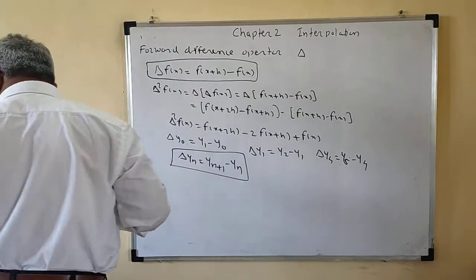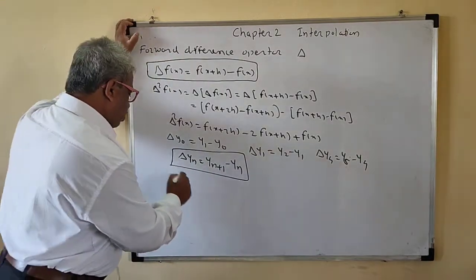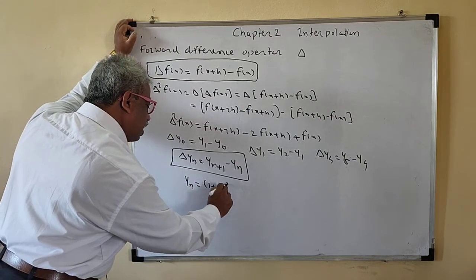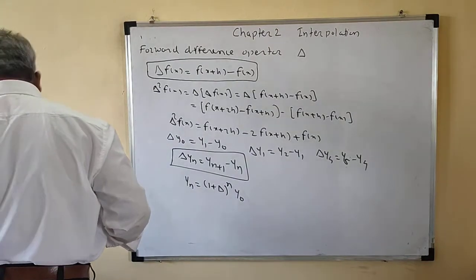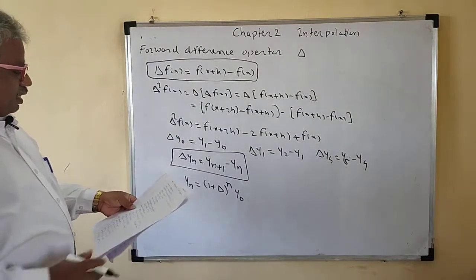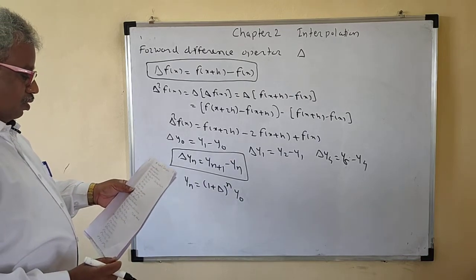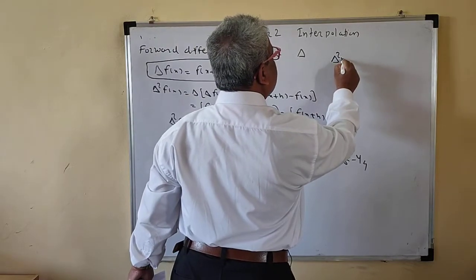Now next, del square. One more important theorem is that yn is equal to 1 plus delta raised to n, y naught. You should remember this. This is the theorem for forward difference. Now you have to find del square y naught.